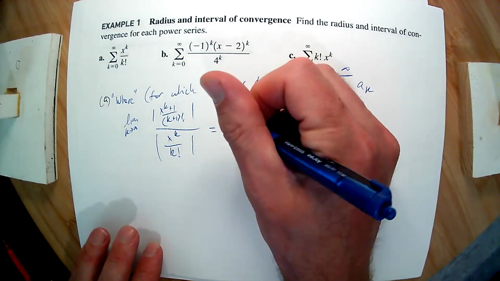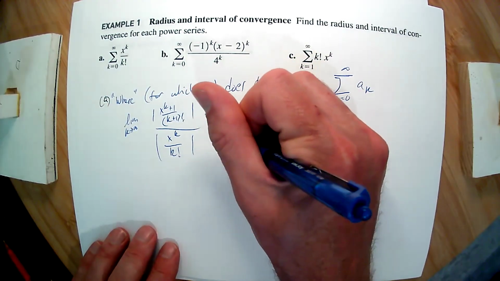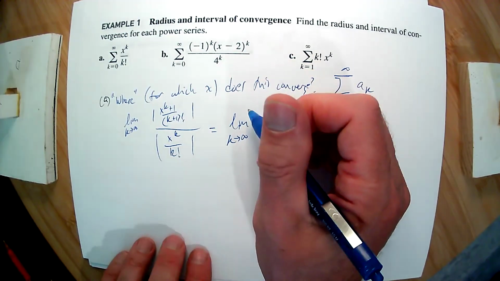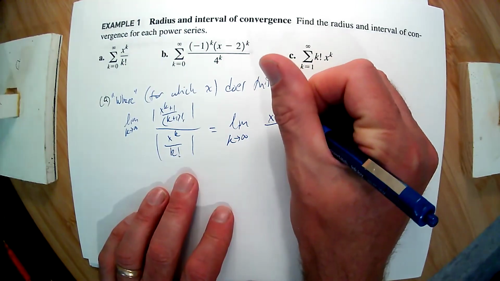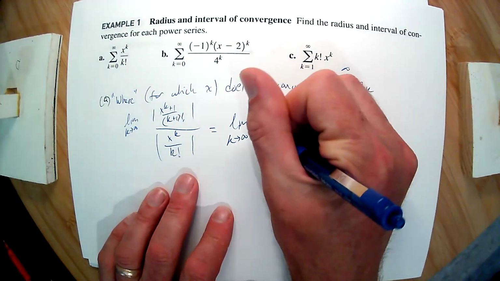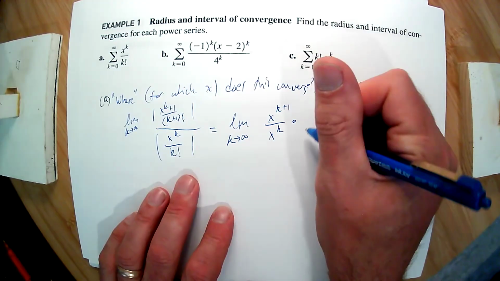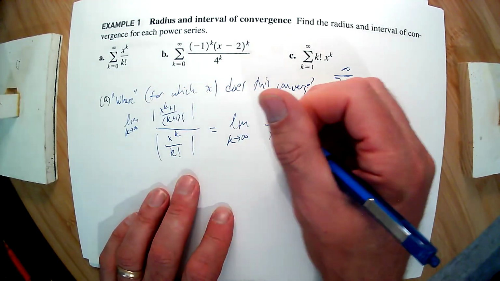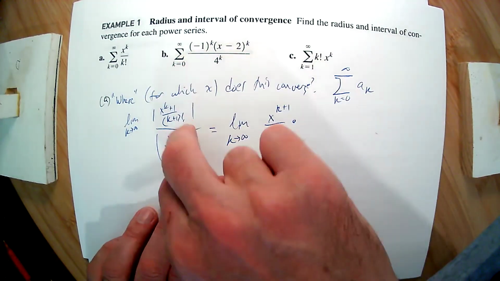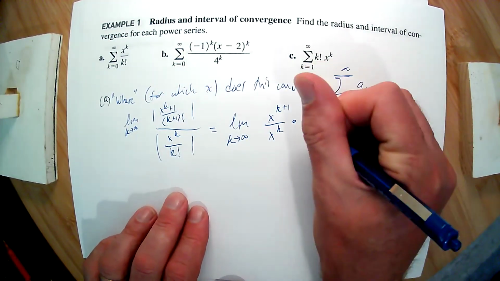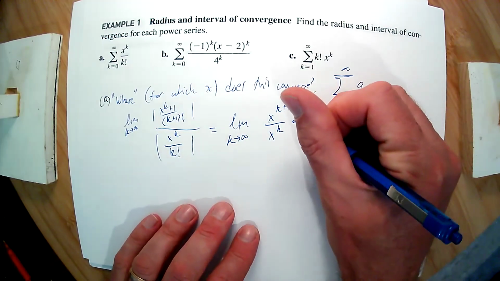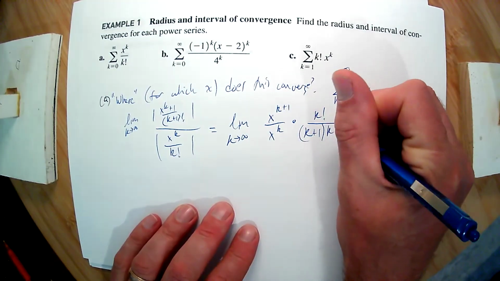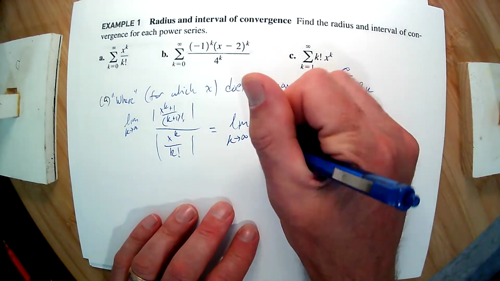That becomes x to the k plus 1 divided by x to the k, times the reciprocal, k factorial on top and k plus 1 factorial on the bottom. I'm going to rewrite that as k plus 1 times k factorial, and get some cancellation.